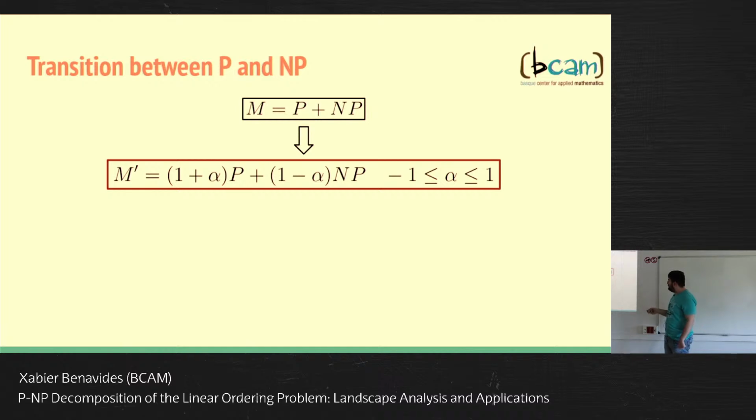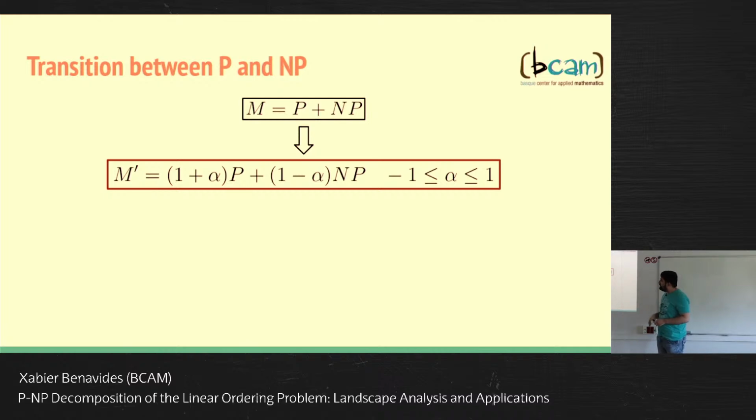For example, if alpha is equal to -1, then the output instance, this M apostrophe, is totally equivalent to the NP component of the Fourier transform. While when alpha is equal to 1, then the output instance is totally equivalent to the P component of the Fourier transform. Okay?